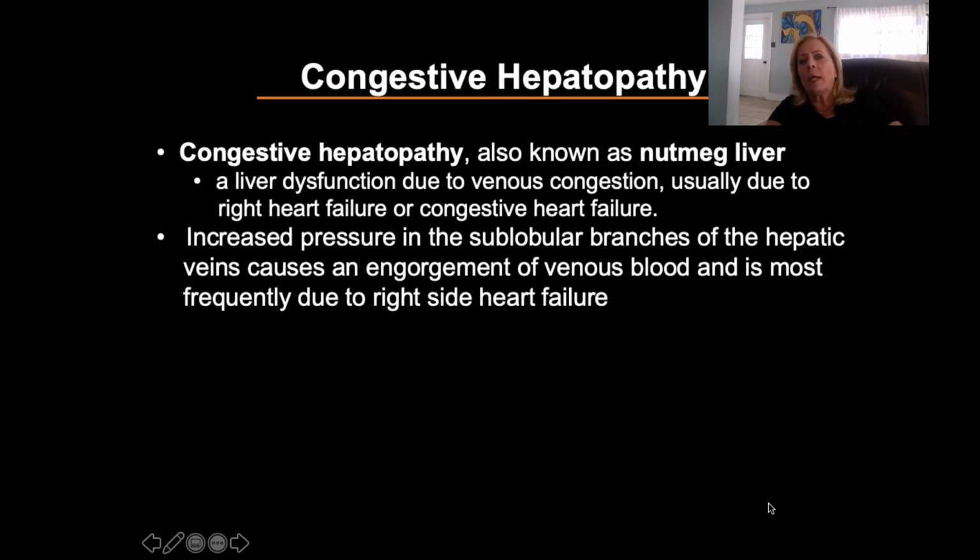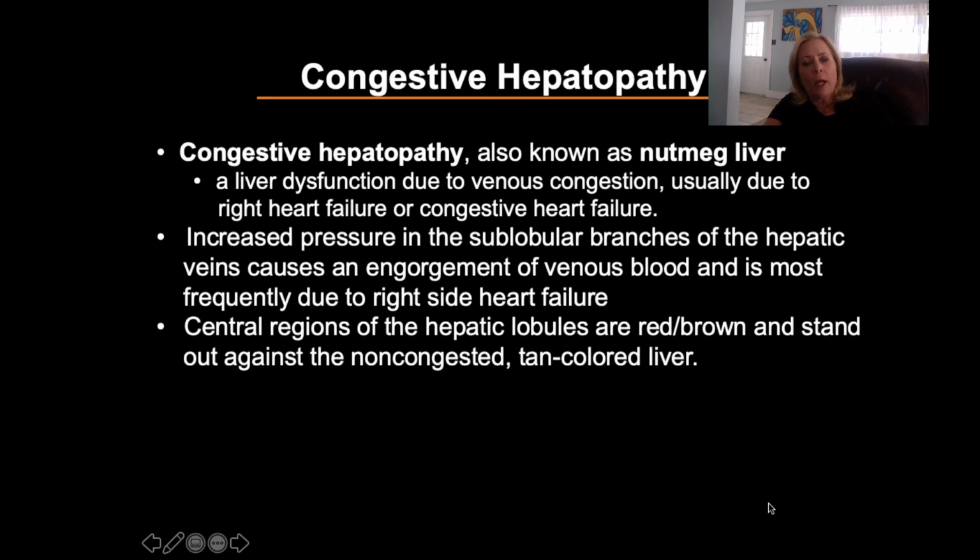So if the right heart is failing, then that blood is going back down the inferior vena cava and going back into the liver, and that's what's causing the venous congestion. So you have increased pressure in what's called the sublobular branches of the hepatic veins, and that's causing engorgement of venous blood. And again, this is the right heart failure that most often is doing this.